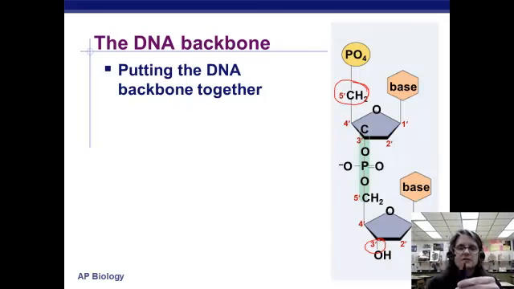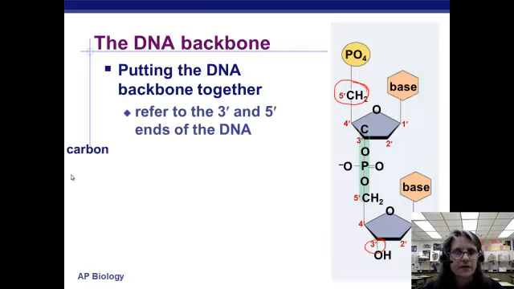If my two pens, the pointy ends are here, the DNA molecules are not put together like that. They're put together like this. So if this is 5' to 3', then this is 3' up here and 5' down here. Okay? This is going to be actually quite important.